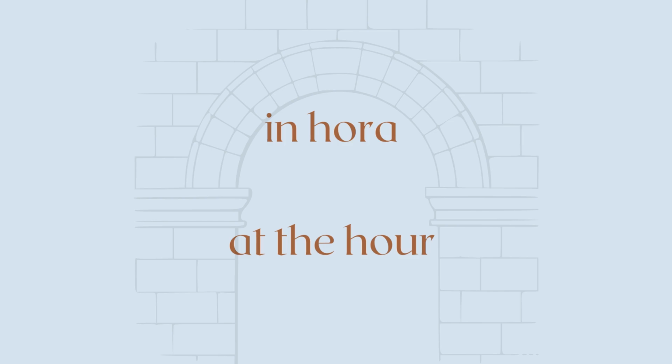In, which is usually translated as in or on, is translated as at in this particular phrase. So hora is the first declension noun, and its ablative form also happens to be hora. So we have in hora, at the hour.